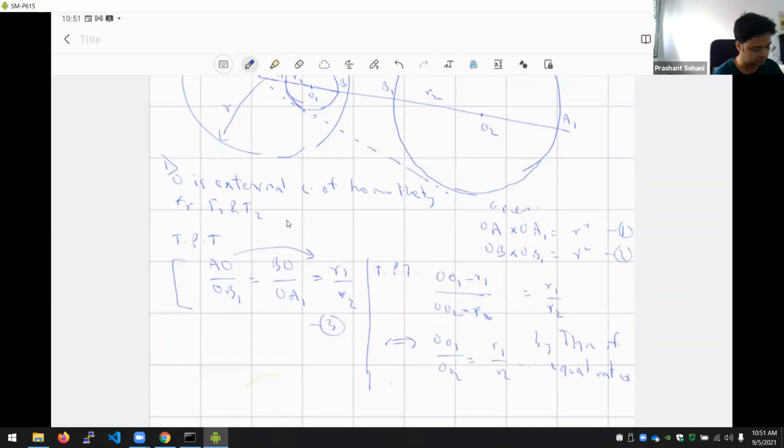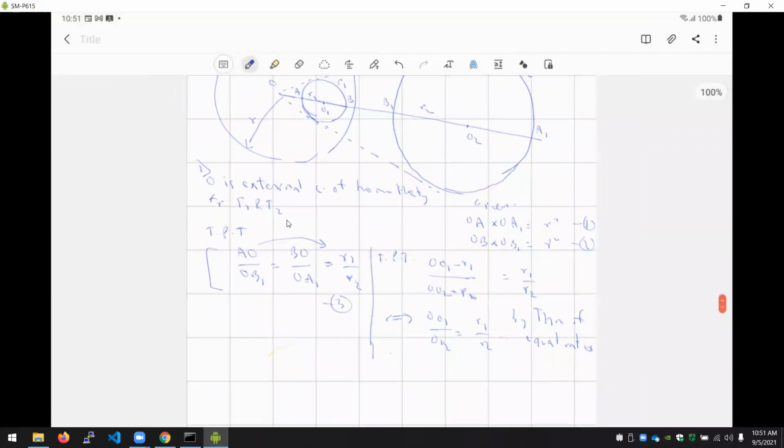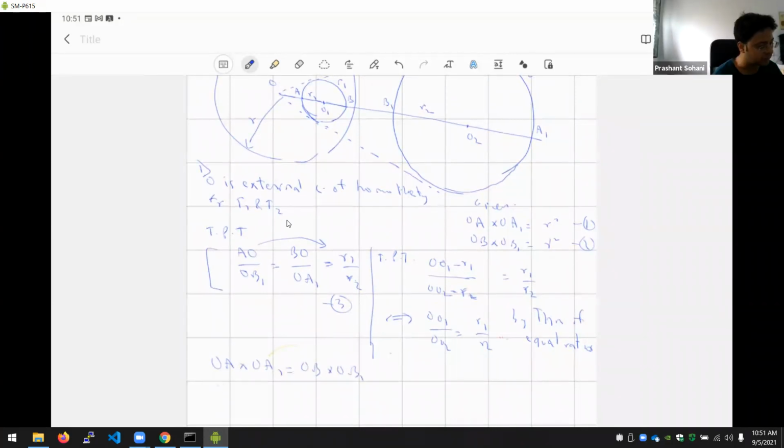Sir, we can equate OA into OA1 equal to OB into OB1. And again, if we substitute, then, okay, so here again substitute everything, this will be O1O minus R1, etc. Yes, sir.